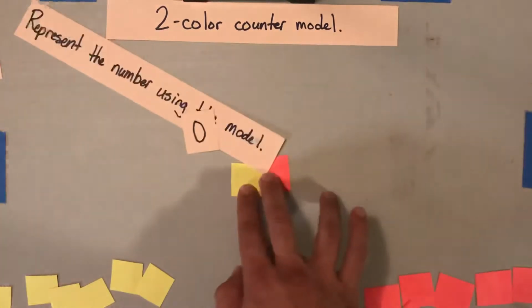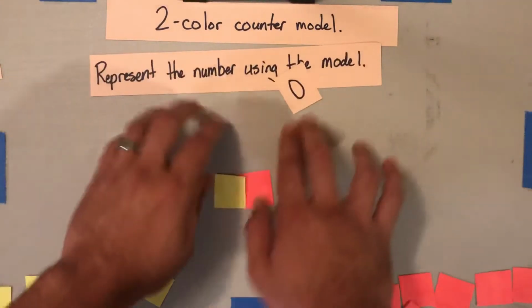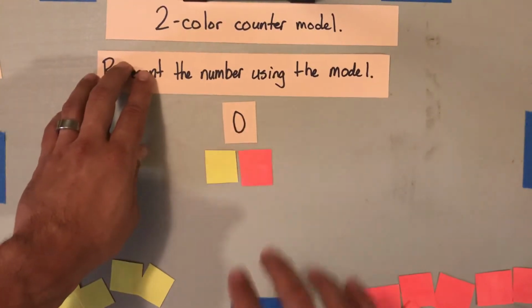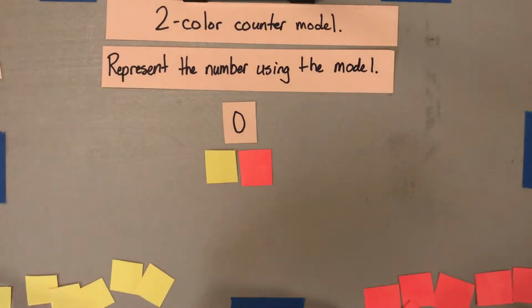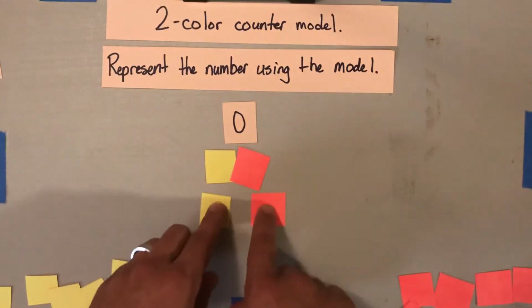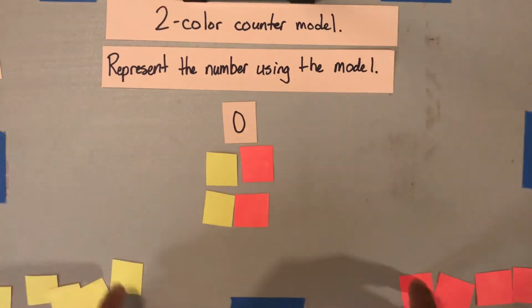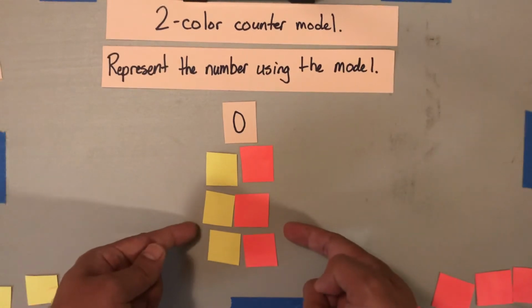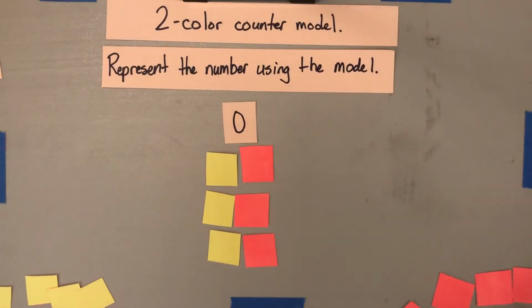Or I can represent 0 with a zero pair. And as a matter of fact, I can have a whole bunch of zero pairs. And that is a different way of representing the number 0.